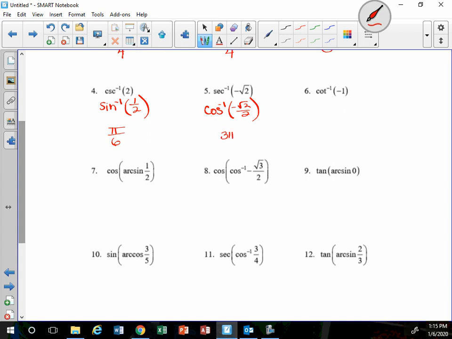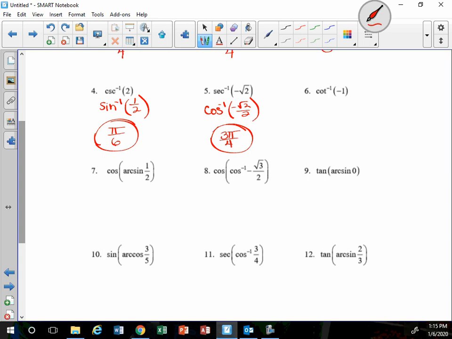Not negative 3 pi over 4, but just 3 pi over 4. Remember, with cosine, you're never going to have negatives in front of your angles. That makes sense? Okay.